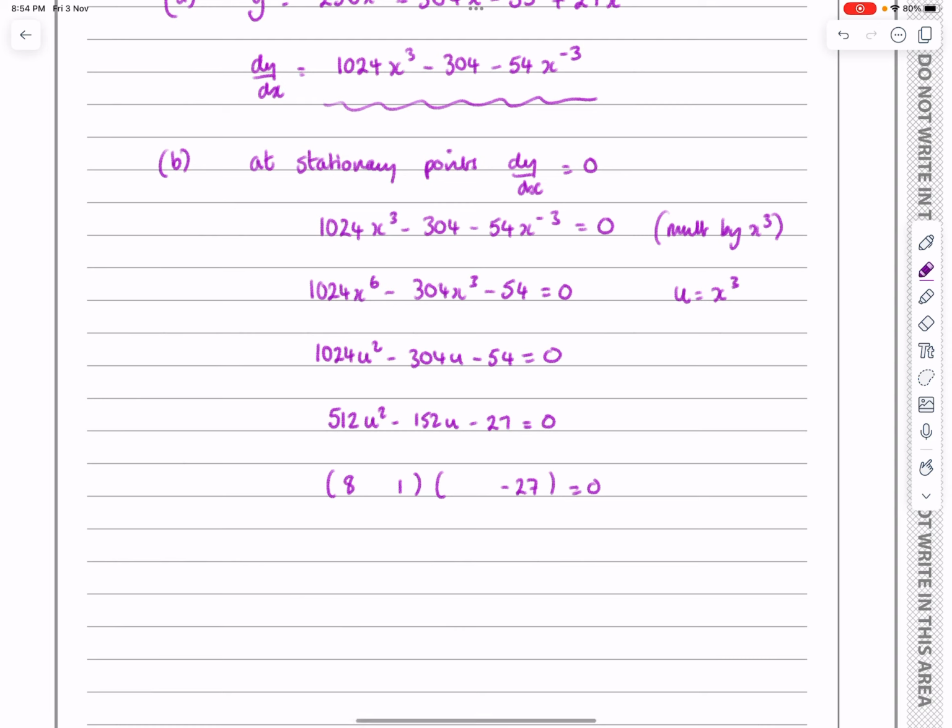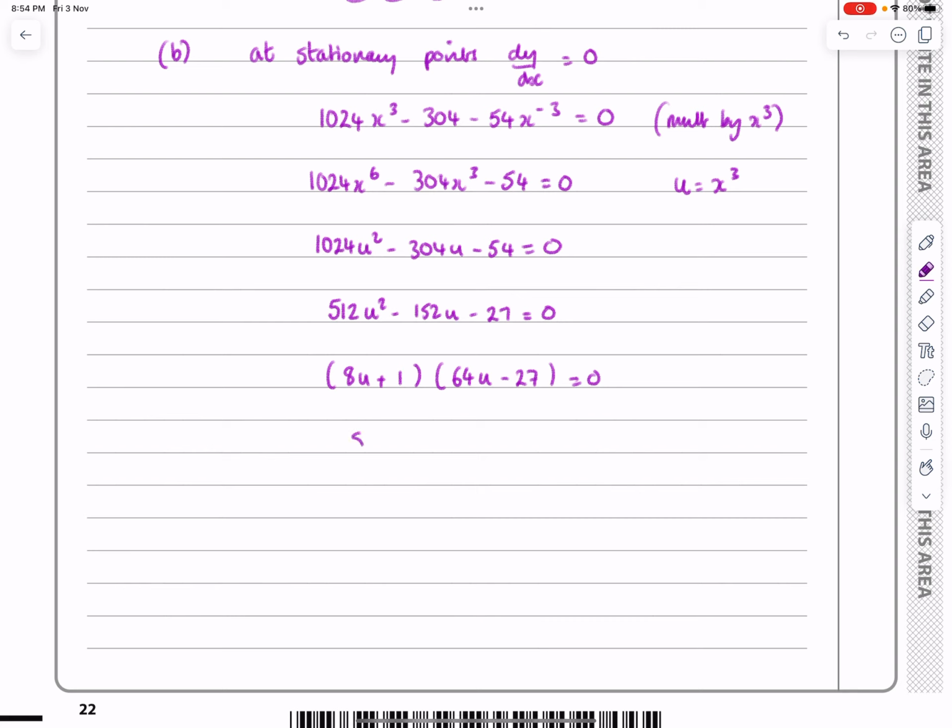It actually works out to be 8u plus 1 and 64u minus 27. If we get that, we then get that 8u plus 1 equals 0, so u equals minus an eighth. We get 64u minus 27 equals 0, which gives me u equals 27 over 64.